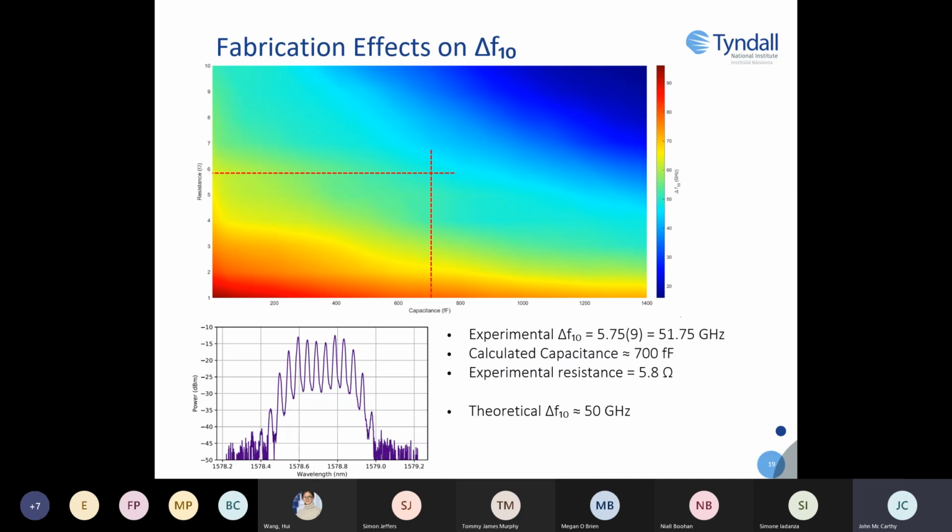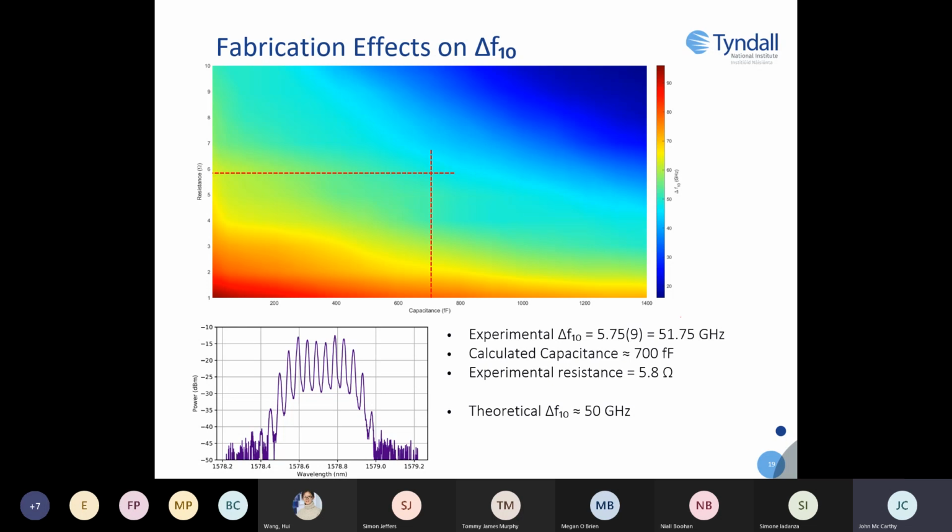So what I'm just going to do quickly is compare this theoretical plot to what we could attain experimentally. The plot at the bottom is an experimentally attained frequency comb with a frequency separation of 5.75 gigahertz. There are about 10 comb lines within 10 decibels of each other. So if we multiply the 5.75 by 9, we get 51.75 gigahertz.